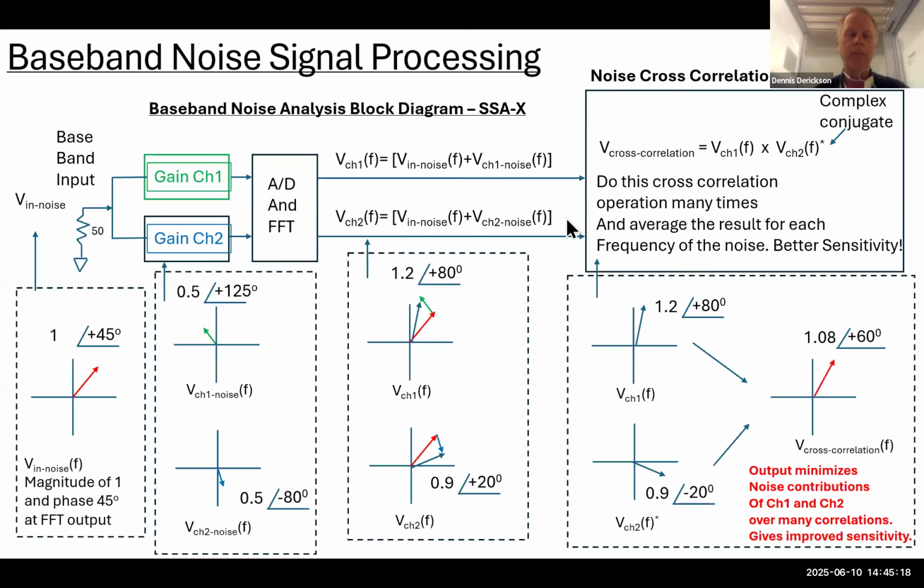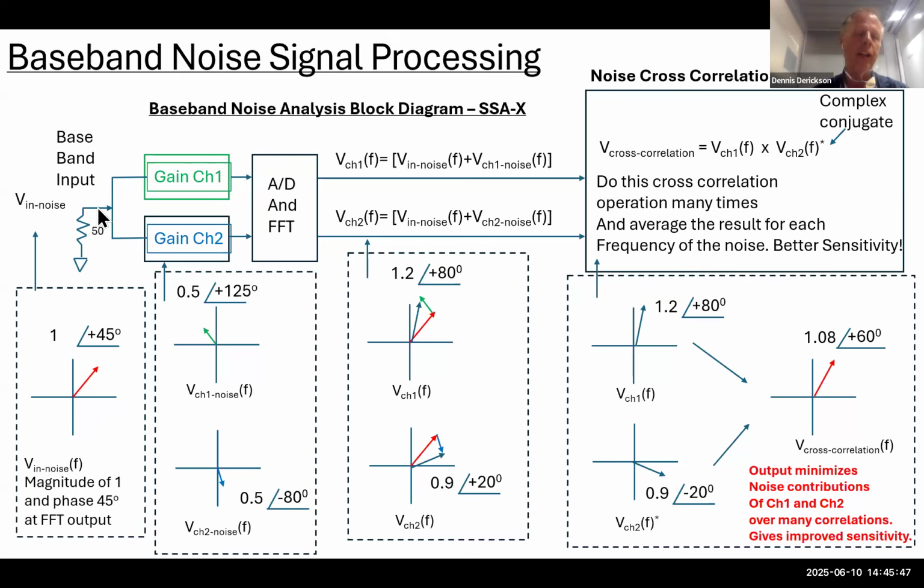Let's look at that. The baseband input of the SSA-X has this correlation receiver. We start out with our shot noise into a 50 ohm resistor right here, and we're going to try to measure that. Here I'm showing that it's a complex number, and I've arbitrarily assigned that at some frequency the shot noise at the input is going to have 1 unit of amplitude at a 45-degree angle.